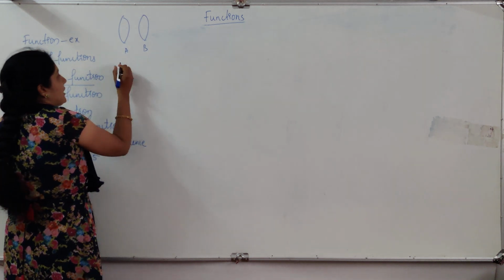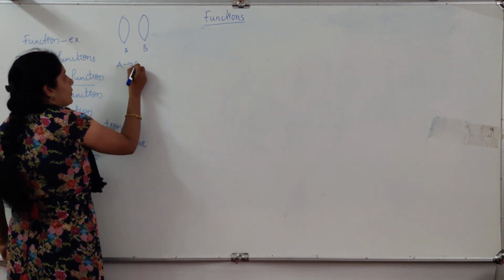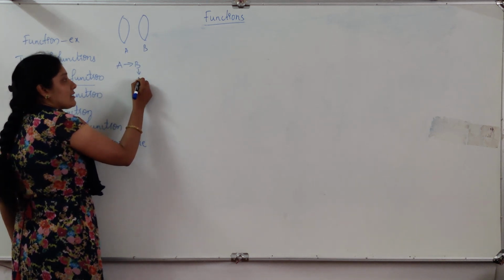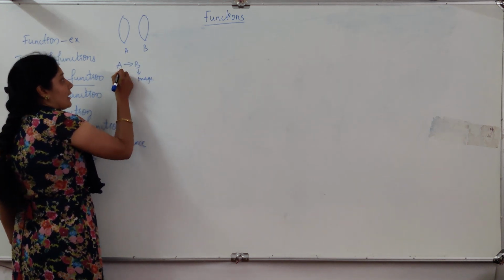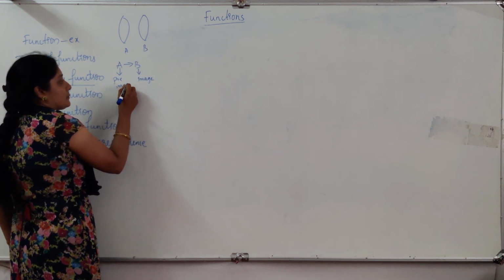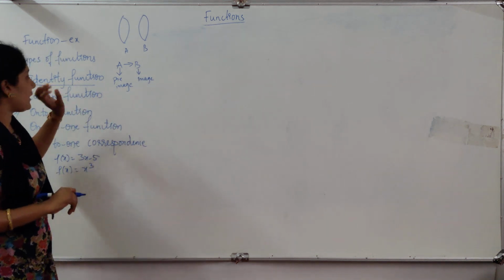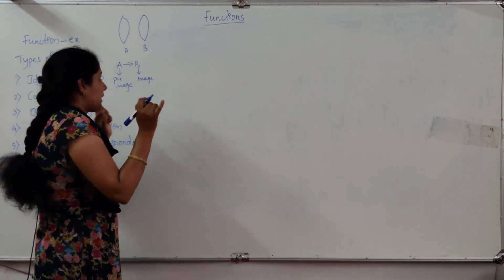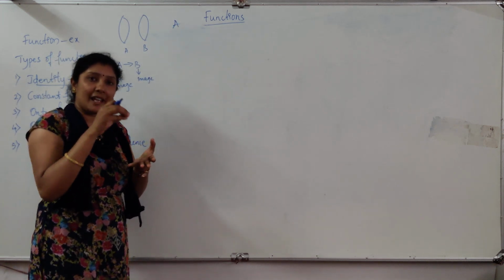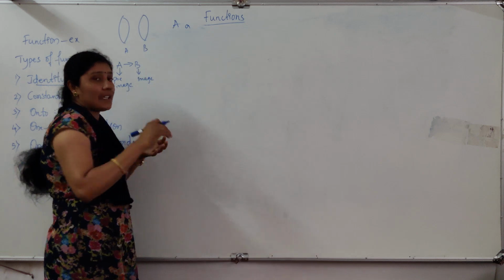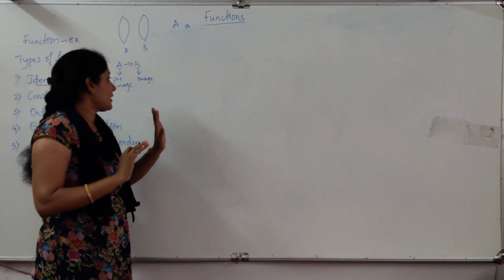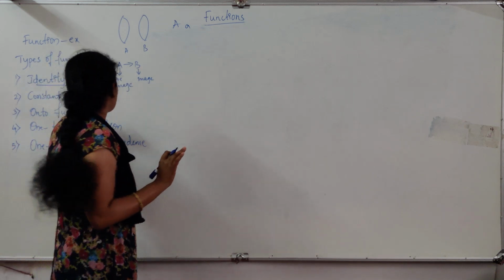If it is represented as a relation from A to B, then the element of B is considered the image and the element of A is considered the pre-image. So identity means, when there is a set A, if the element a of set A is the image of itself, then it is called an identity function.